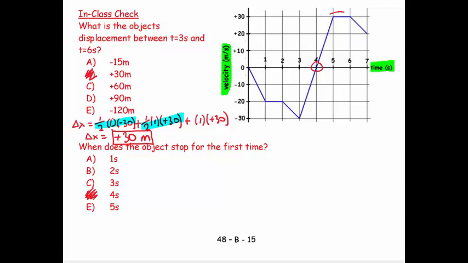This is a constant high velocity. This is a constant negative velocity.